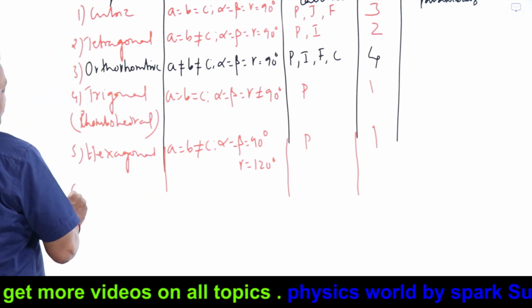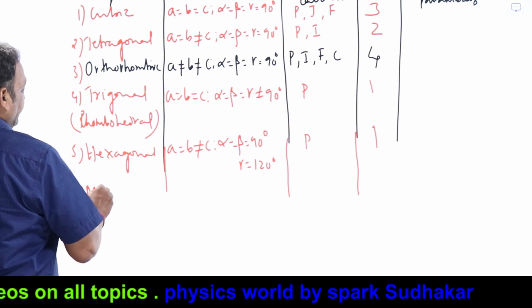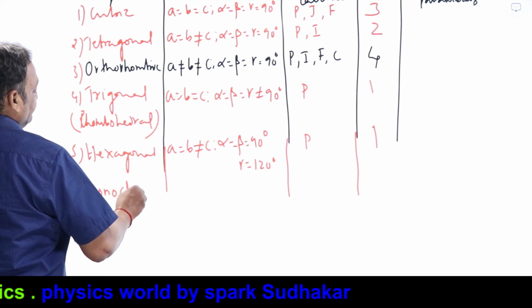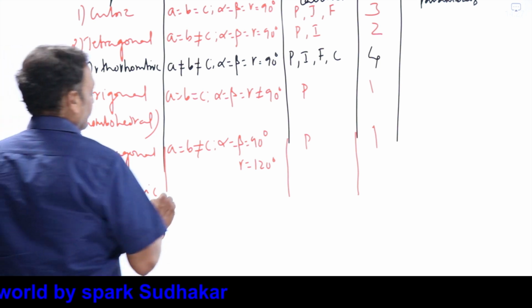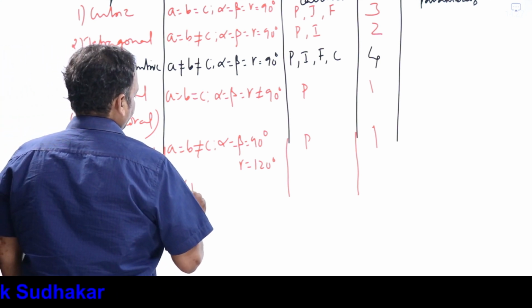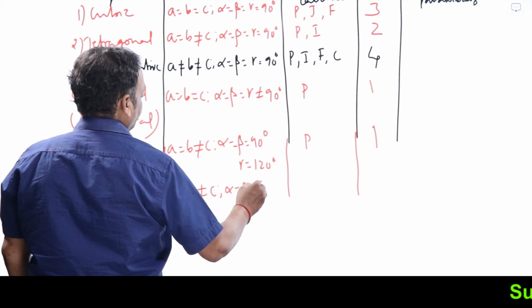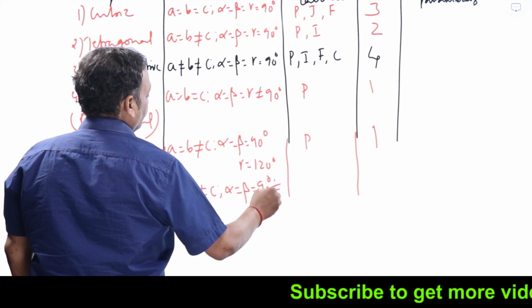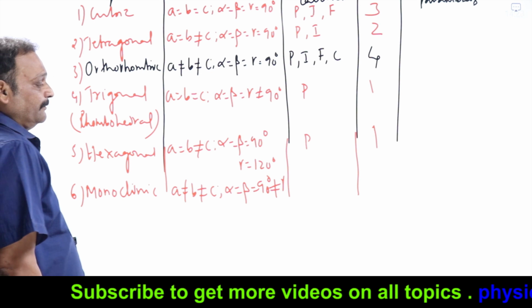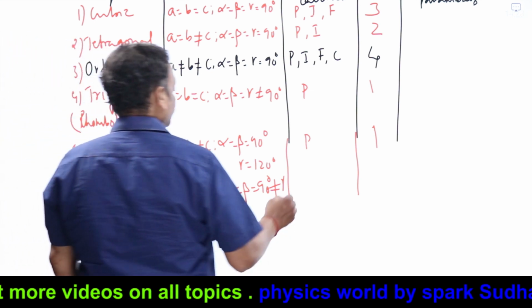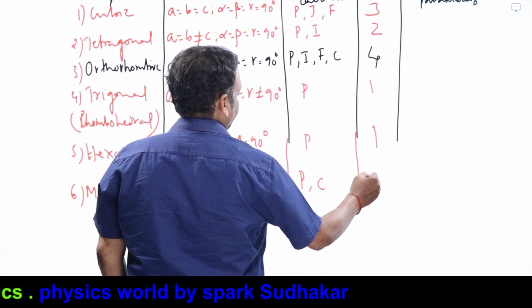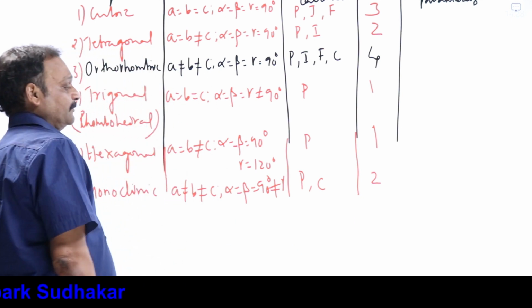The 6th one is what is known as monoclinic. Here A not equal to B not equal to C, alpha equal to beta equal to 90 degrees, not equal to gamma. Here 2 types are possible, simple and base centric, so I'll put the number of Bravais lattices as 2.